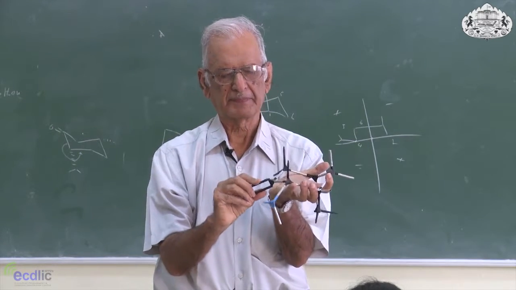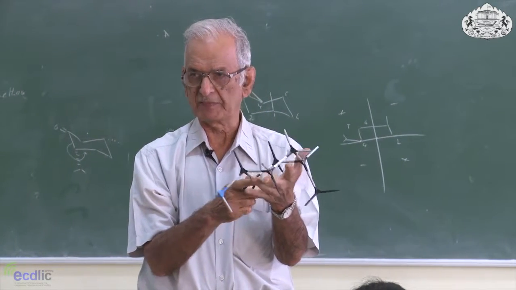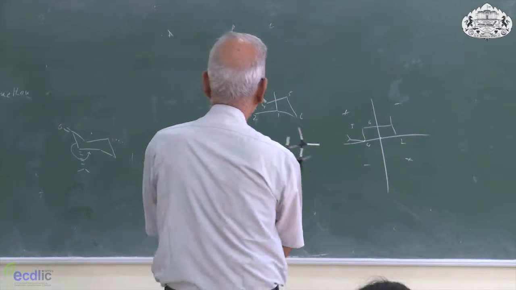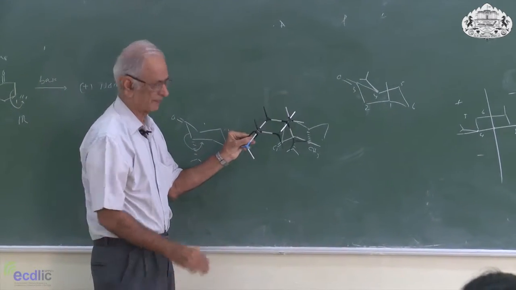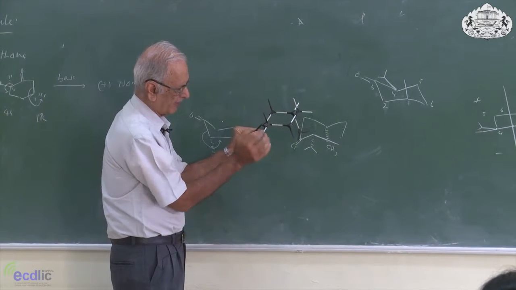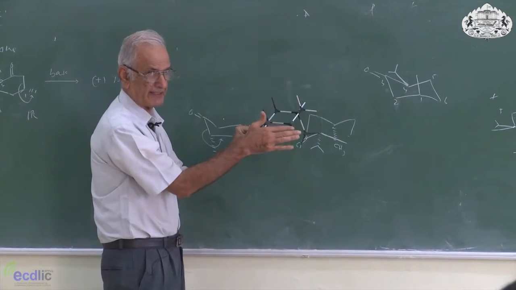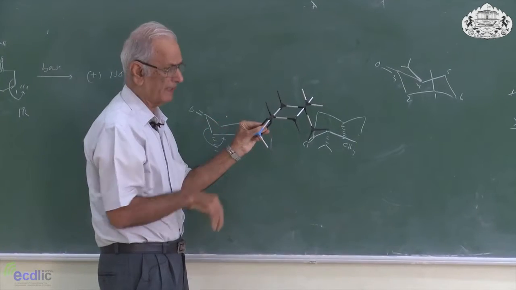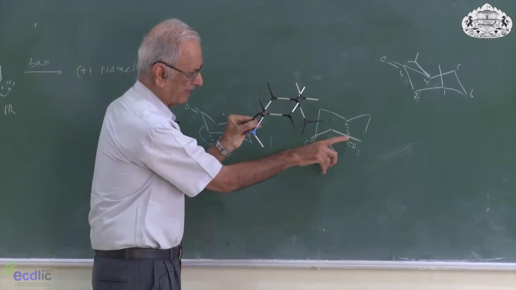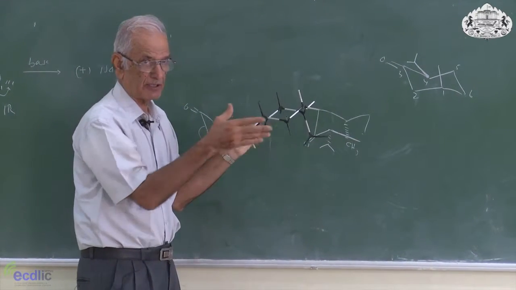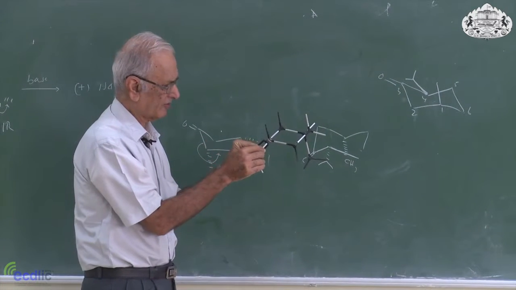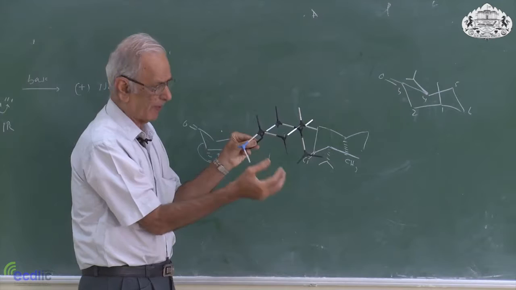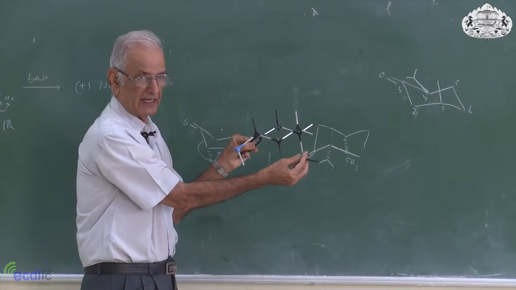Do this, you get this picture. This is what we have shown here. Ketone going downwards, isopropyl has come on this surface. Please remember that whenever you draw the chair, this surface corresponds to the surface that is towards you. So that's your isopropyl group, that's your methyl group.